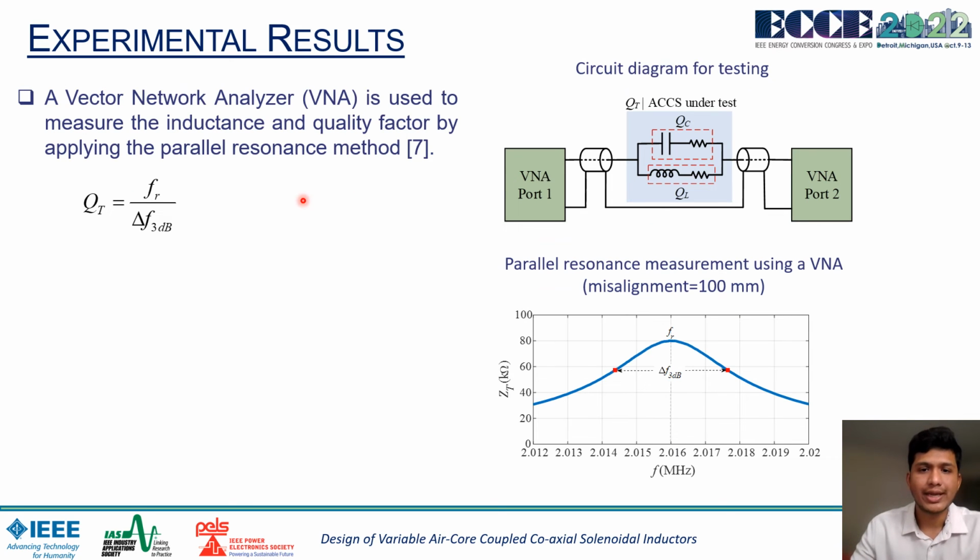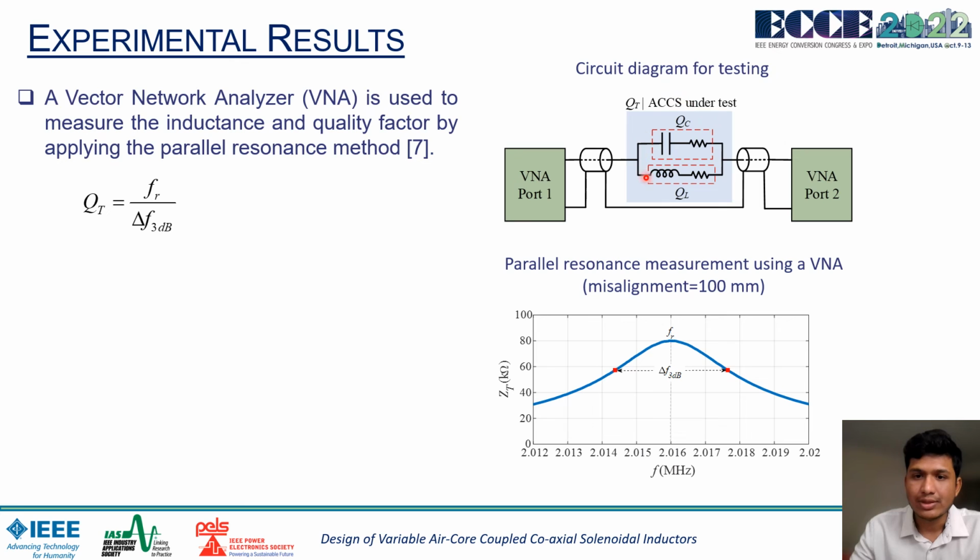A vector network analyzer is used to measure the inductance and quality factor by applying the parallel resonance method. In this method, the inductor or the ECCS is connected in parallel with a capacitor of which the quality factor is known.